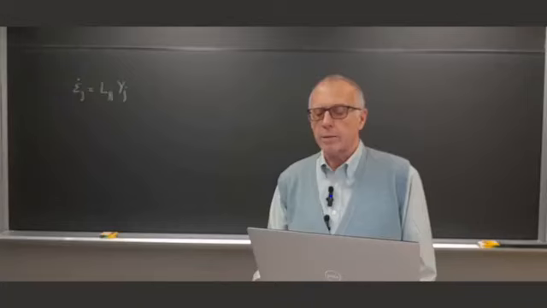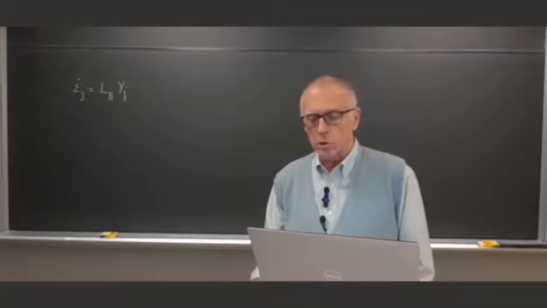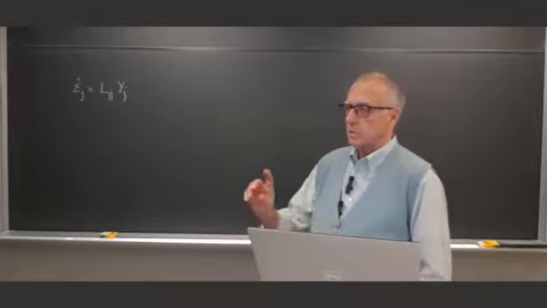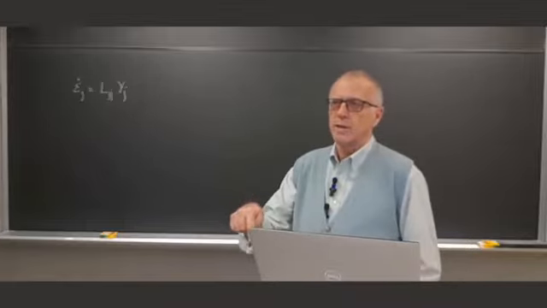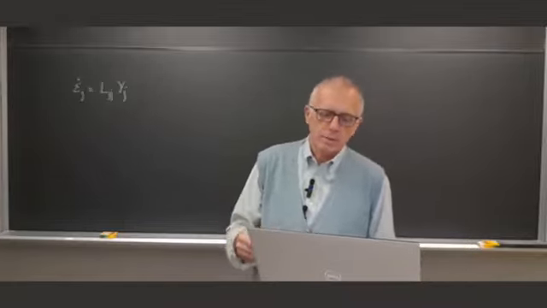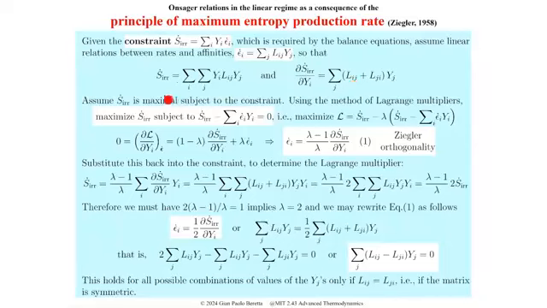I do not know if they are equal or not. I'm not assuming it. I want to prove that if you assume that this rate of entropy production is maximal, subject to that constraint, then we prove the symmetry. Okay.